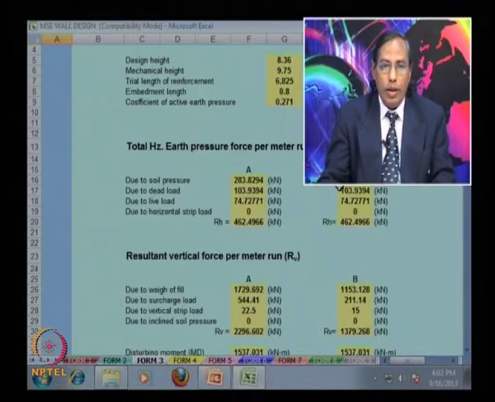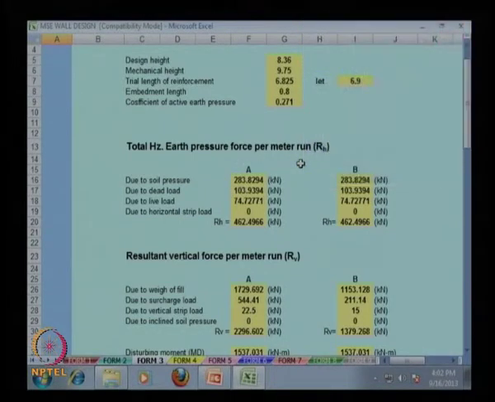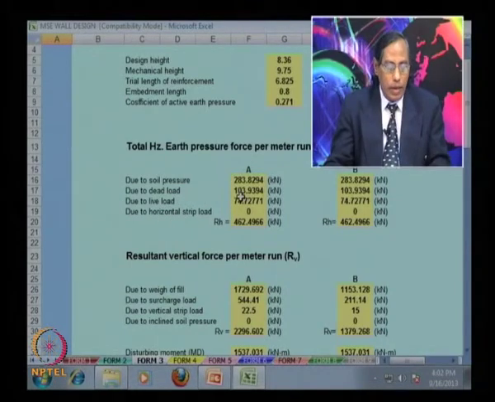Now, what is the total horizontal earth pressure force per meter run, RH? You have to calculate the total horizontal earth pressure force. Due to soil pressure, this is 283.8294 kilonewton.